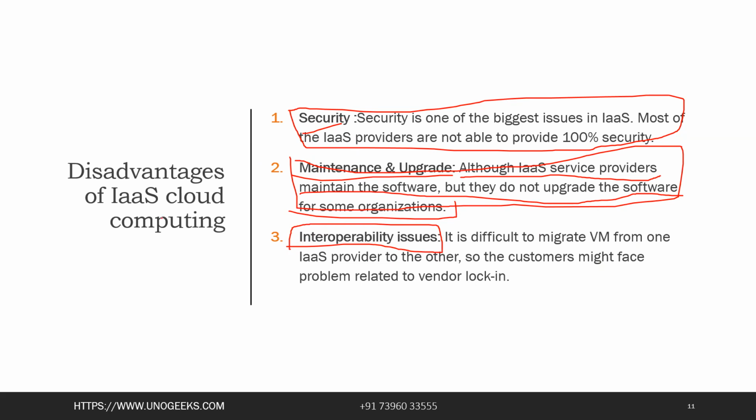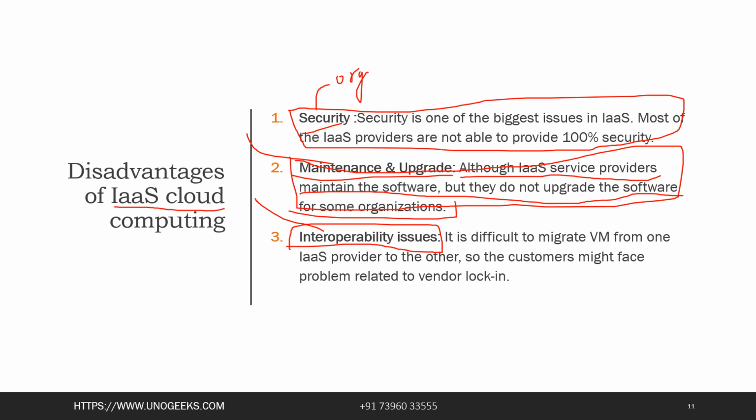But coming to IaaS, if you are using the infrastructure as a service model, security should be taken care of by the organization, maintenance is taken care of by the organization, and interoperability issues should also be taken care of by the vendor, the vendor who owns the application.